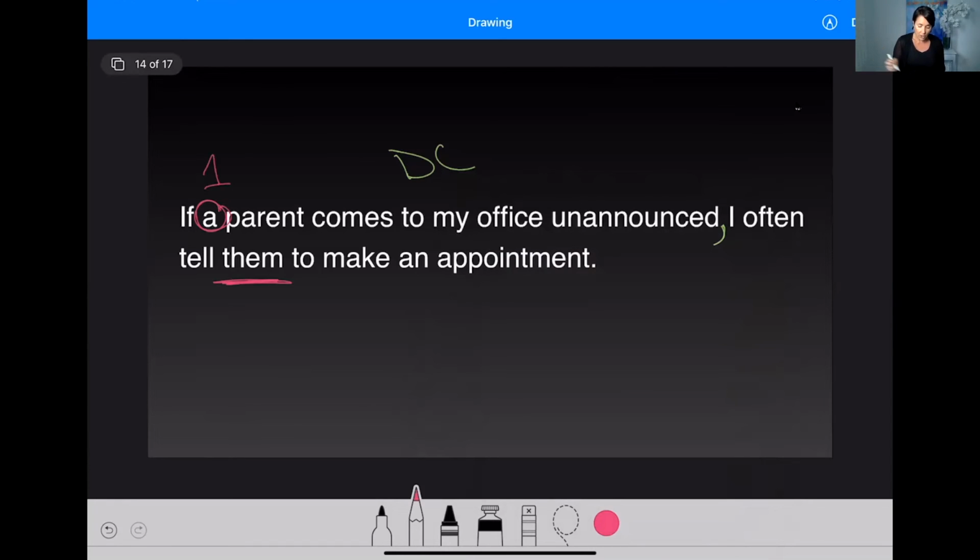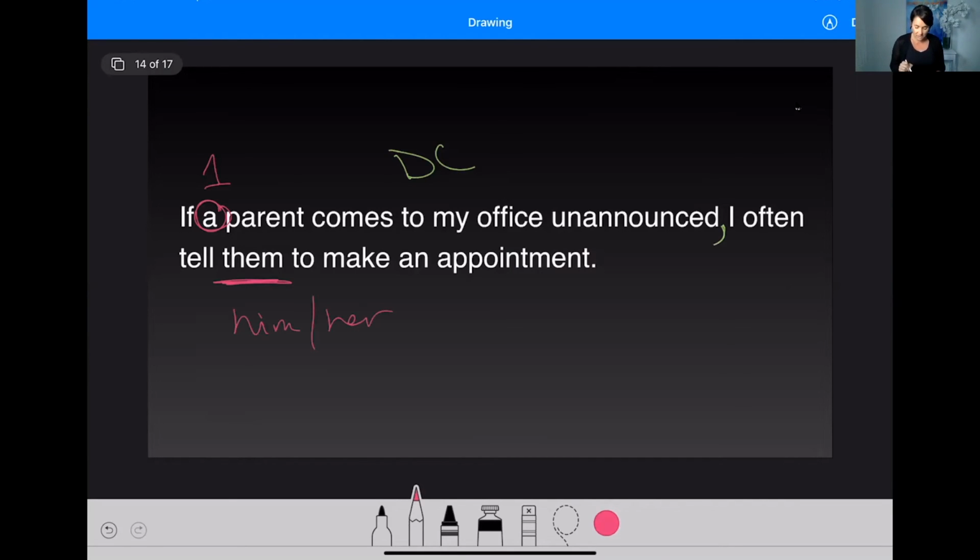Now, typically, you will not be asked to change them to he or she because it's awkward. You don't want to say, if a parent comes to my office unannounced, I often tell him or her, sorry, it would be he or she. Wrong pronoun, right? It would be him or her, because we're talking about the direct object. I often tell him or her to make an appointment.